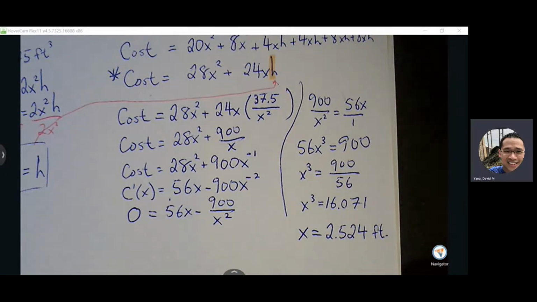Okay, I took the cube root of both sides. So when x is 2.524 feet, I can find the other dimensions and then I can also find the minimum cost.